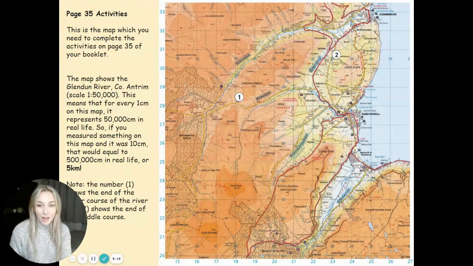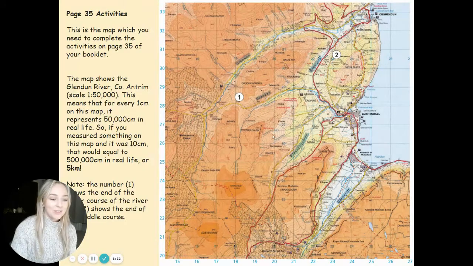Now, that's probably the most difficult skill. I will go into more detail in a second whenever we do the question on scale. I think it is question 2. But yeah, don't get too scared.